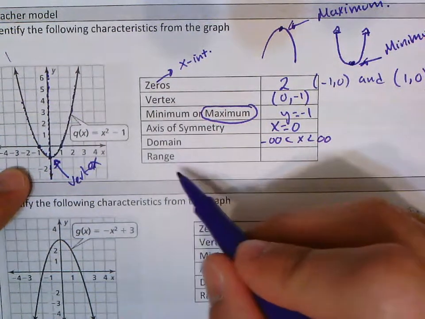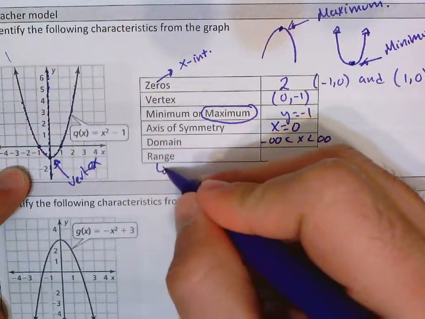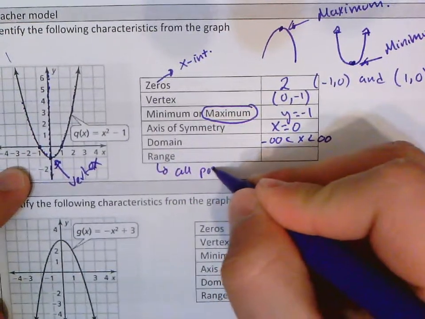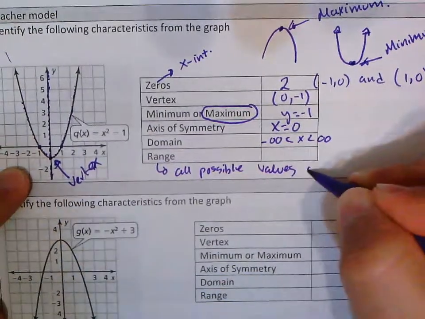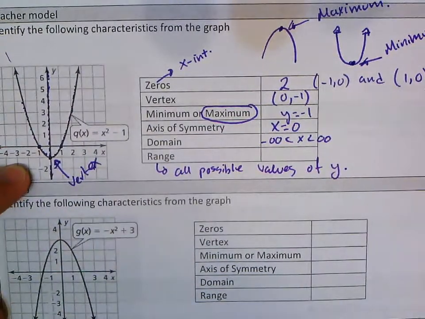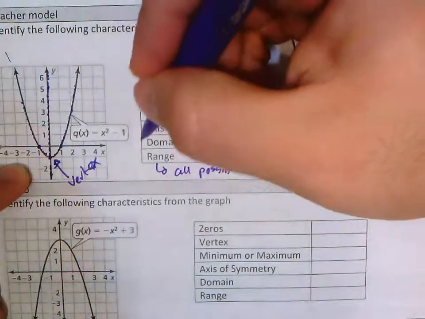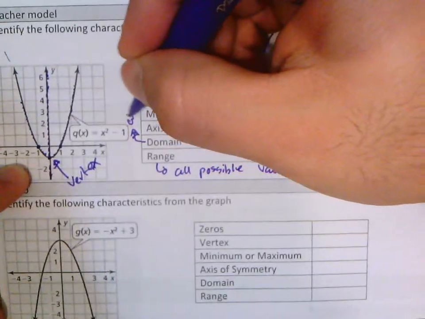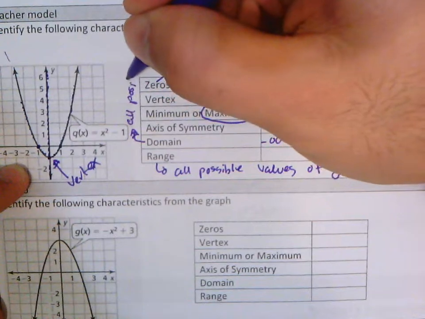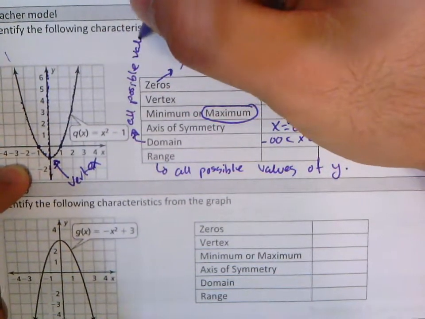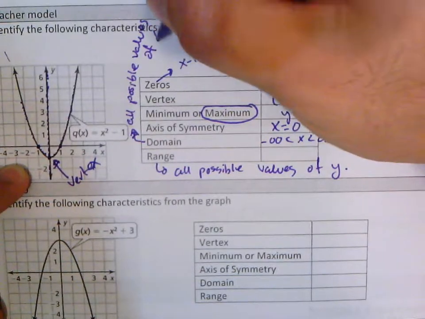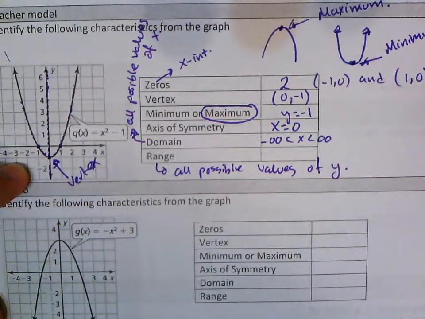Lastly, the range is all possible values of y, and domain is all possible values of x.